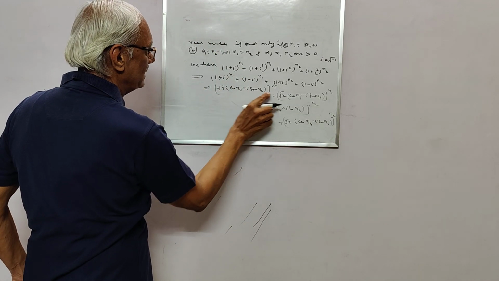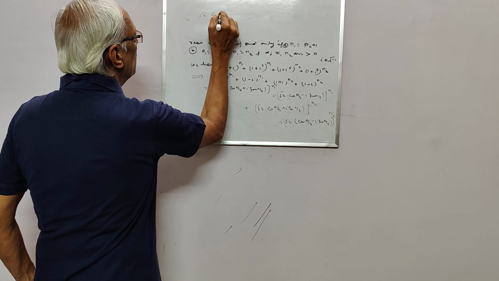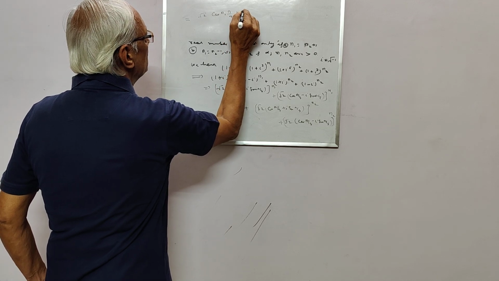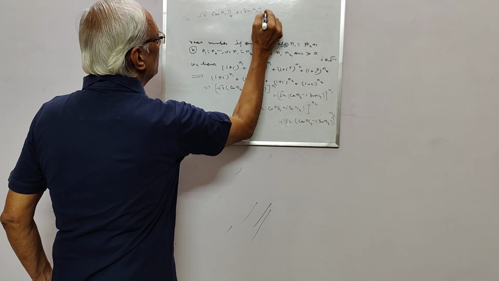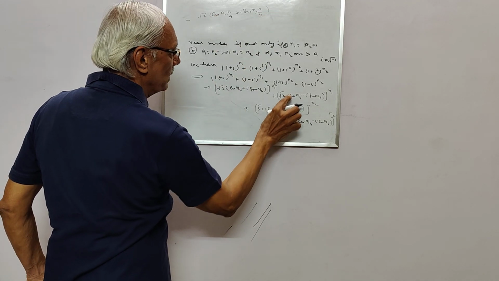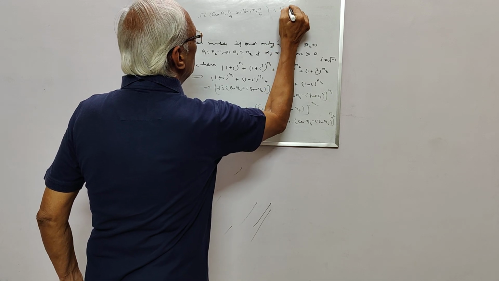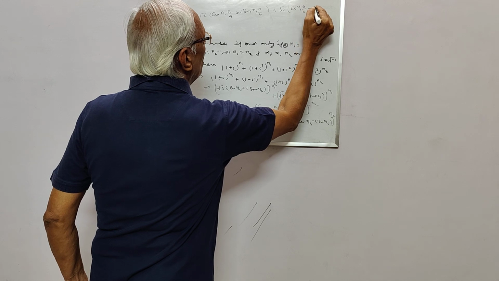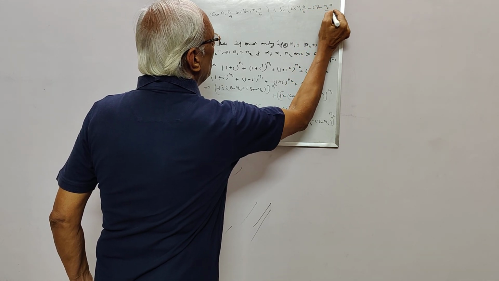as I have written here, root 2 into cos n1 pi by 4 plus i sin n1 pi by 4. The second one is what? Here also you get plus root 2 into cos n1 pi by 4 minus i sin n1 pi by 4.